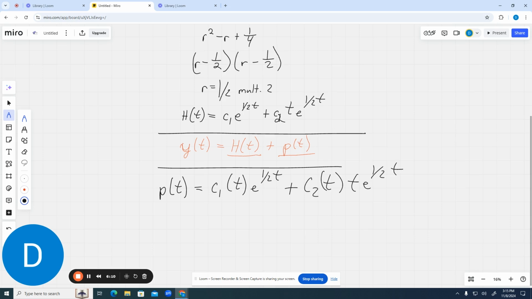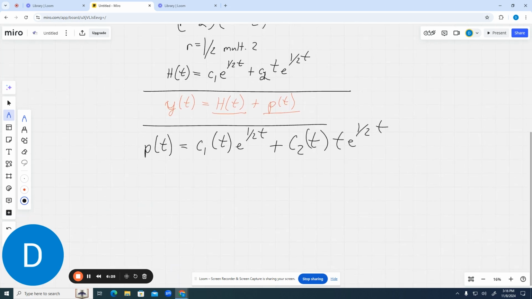So all we did here to find a particular solution is take the homogeneous solution and make c1 and c2 functions of t. That's the only thing we're doing here, and that is the method of finding our particular solution. Here is our step 3 in this case. This is what our particular solution is going to look like.